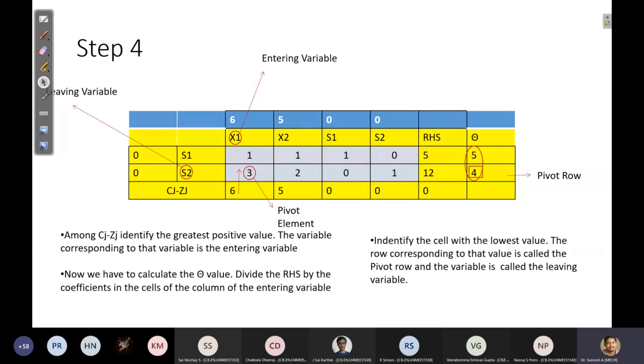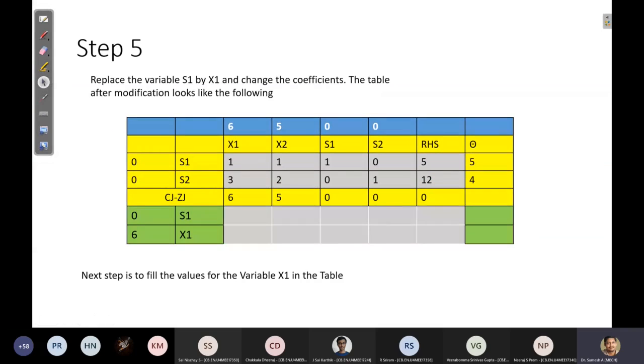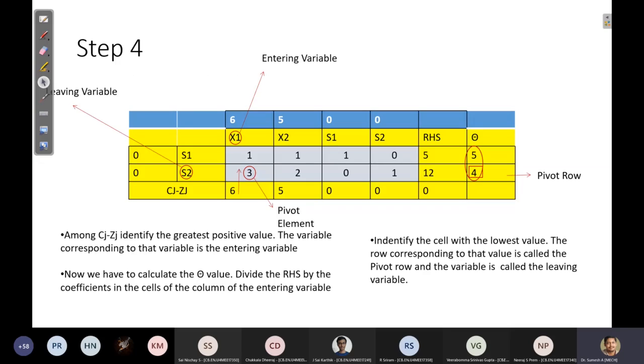Now reduce the key row first. How will you reduce the key row? You have the key number, so this will be 3 by 3, 2 by 3, 0 by 3, 1 by 3 and 12 by 3.